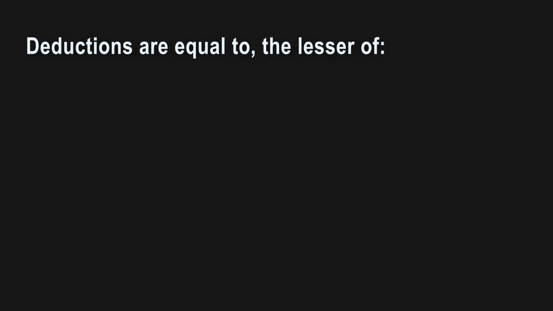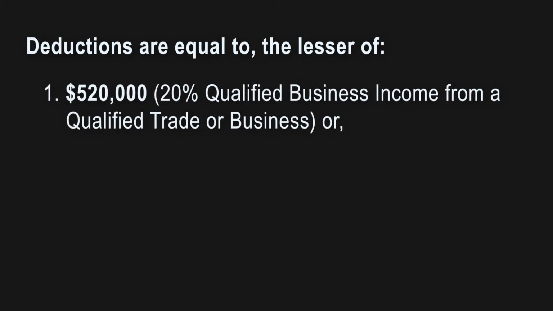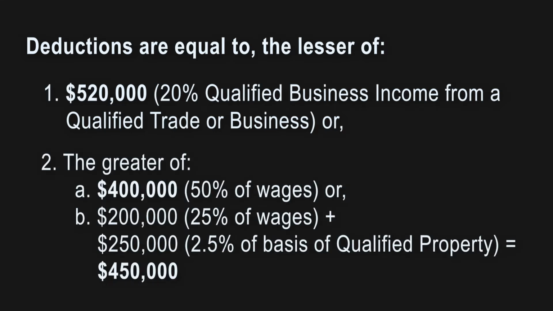So the deduction, to go back, is equal to the lesser of 20% of QBI, that $520,000 number Stuart just alluded to. So it's the lesser of $520,000 or the greater of 50% of the W-2 wages, which we said were $800,000 times 50% is $400,000, or 25% of the W-2 wages plus 2.5% of the basis of the property.